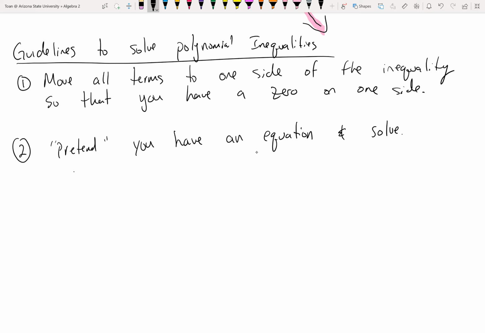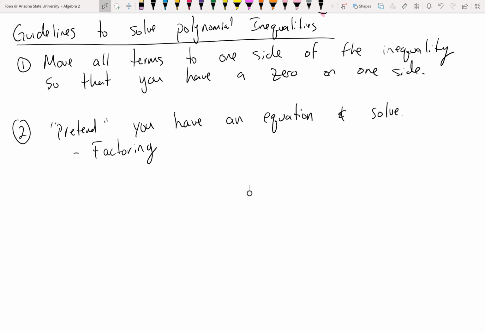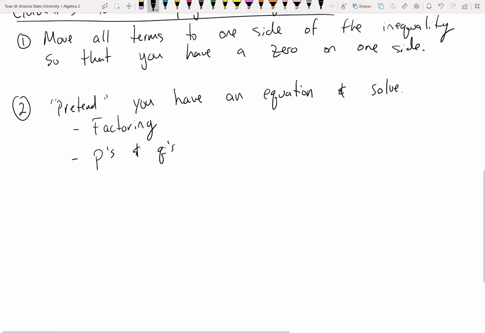Right. Now, we've learned various methods of solving polynomials. The first thing I always try is factoring. Right. Be it quadratic factoring, be it factor by grouping, so on and so forth. If that fails, you can always do P's and Q's.